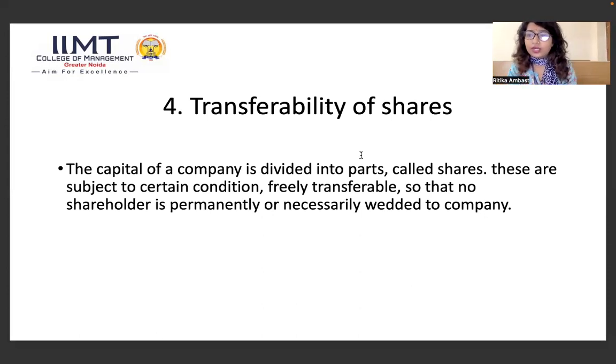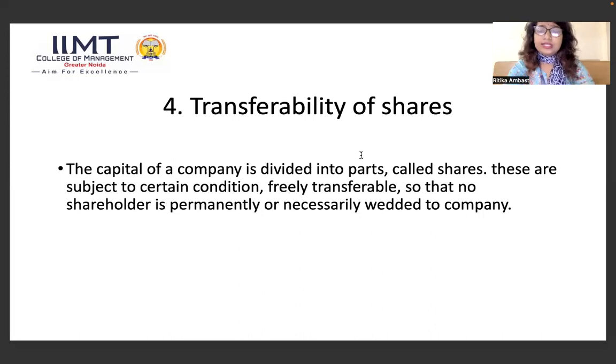First, we should know what a share is. A company needs money to run its functions smoothly, so we use these funds as capital. The capital of a company is divided into parts, which are called shares. These are subject to certain conditions, freely transferable, so that no shareholder is permanently or necessarily wedded to the company.